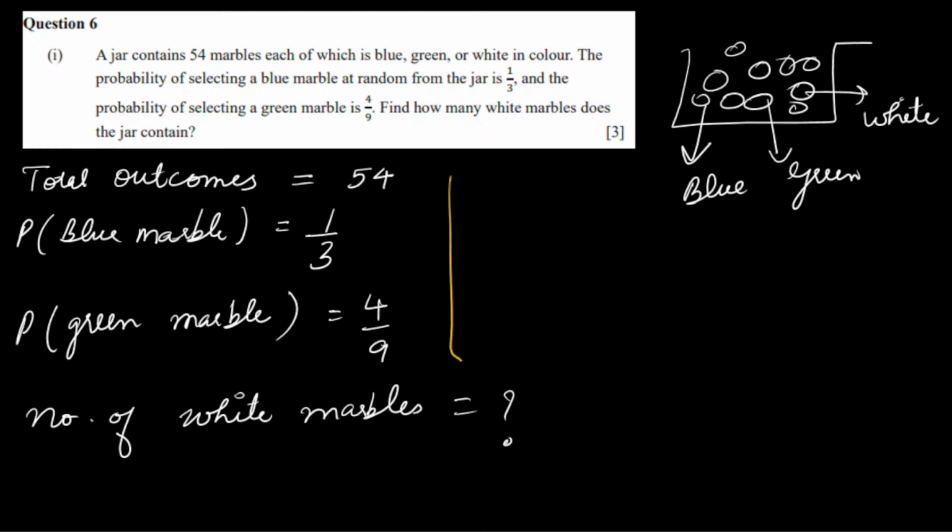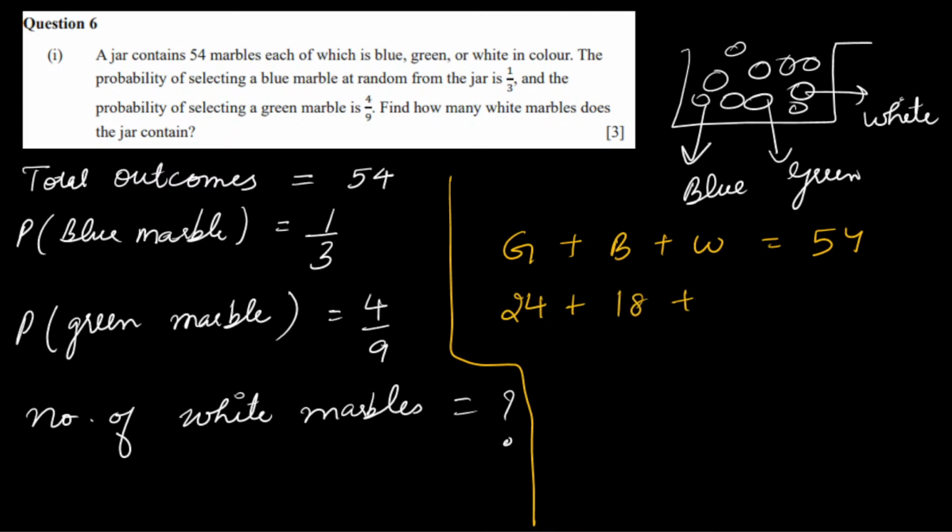the jar has a total of 54 marbles. So green marbles plus blue marbles plus white marbles is equal to 54. Green marbles we found as 24, blue as 18, white we have to find.